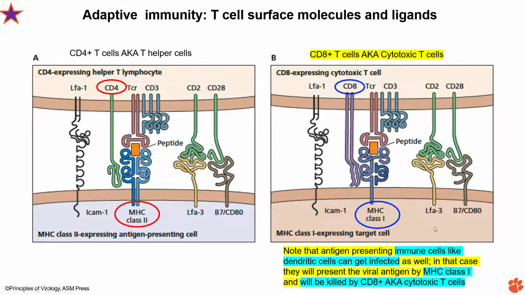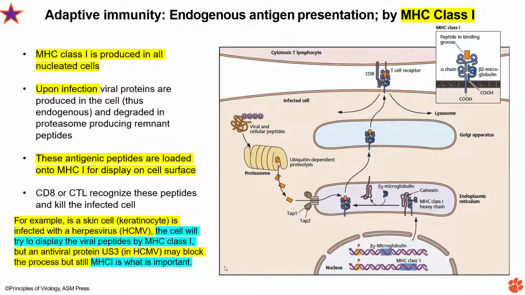Even if it is an immune cell, it can get infected and it will be killed. No matter what, even B cells can be killed if infected. So that's the important part. Immune cells like dendritic cells can get infected as well. In that case, they will present the viral antigen by MHC class 1 and will be killed by the CD8 plus or cytotoxic T cells. So that's your question and correlation with the previous slide.